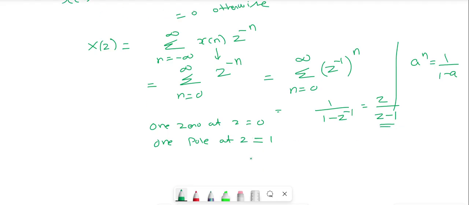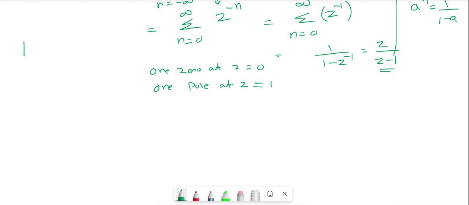Now how do you define the ROC? The ROC is defined for the system to have a finite amplitude.